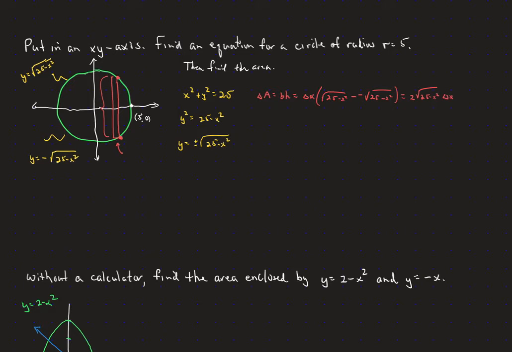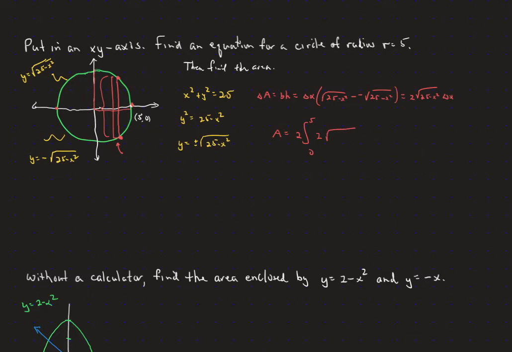Okay, so our area is going to be the integral, and we can go from negative 5 to 5, or if we want to use the symmetry, we could say we can go from 0 to 5 and multiply that by 2.